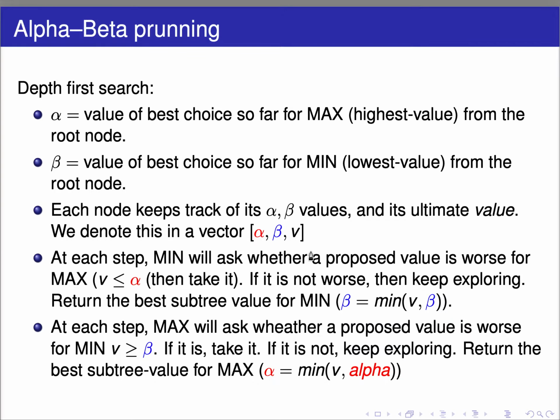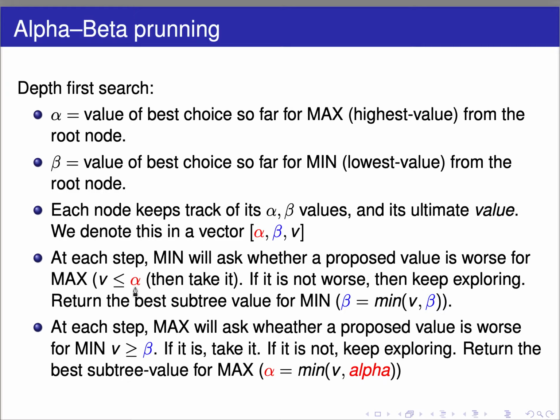algorithm explores the trees, at each step, if the node that it is exploring is min, I will ask whether the value that I have is worse for max, because min wants to get things really bad for max. So I'm going to ask whether the value of the node is less than alpha. If that's the case, then I'll take it.